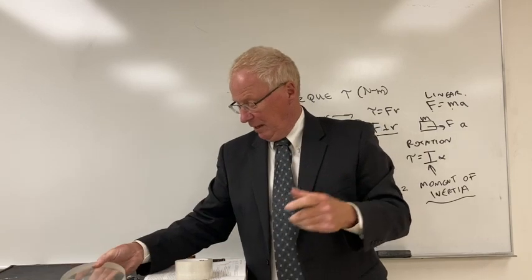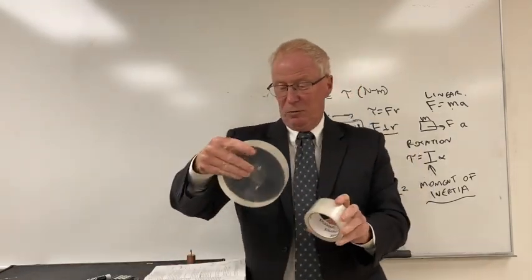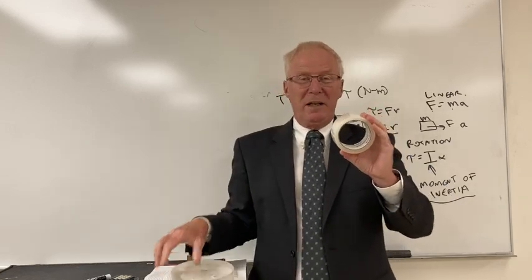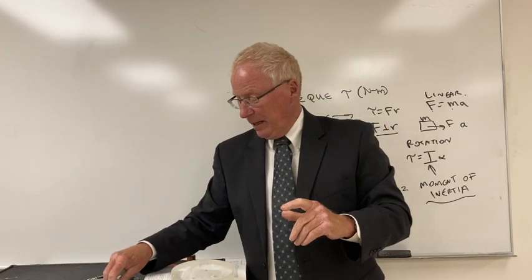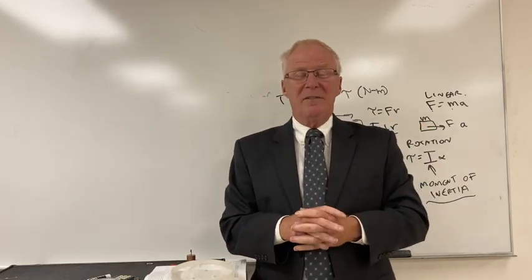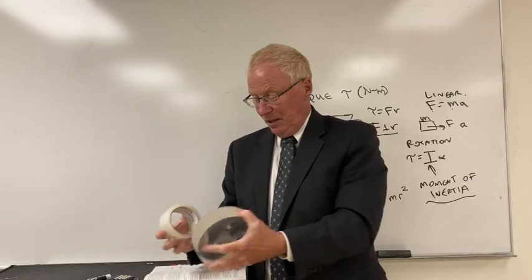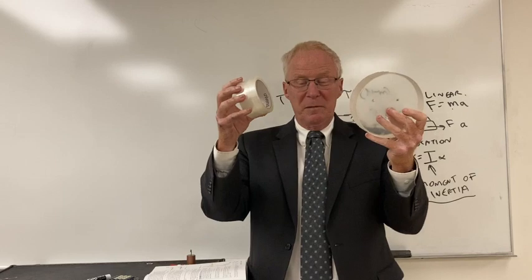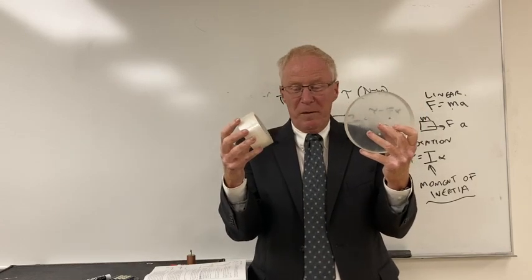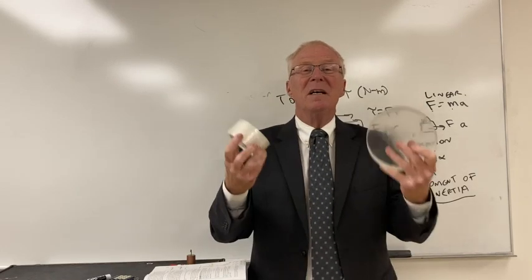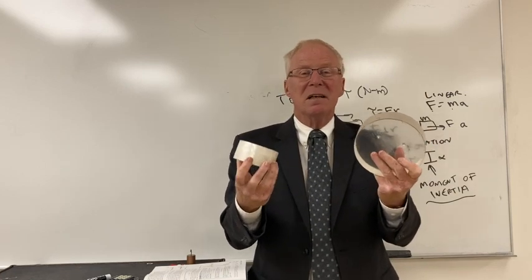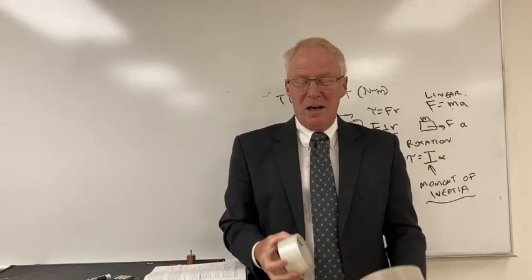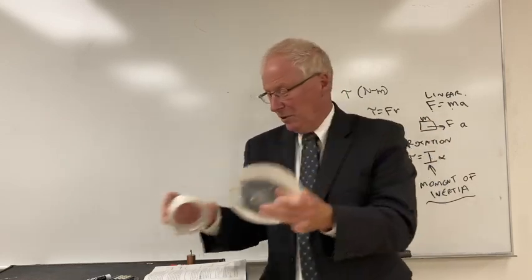That means it's easier to turn this than it is to turn that, because you have more weight concentrated on the outside. Again, look at the video showing a disc and a ring going down a ramp. If I drop these, we know from before, they'll both land at the same time, because gravity acts on them the same, even if they have different mass. But rotation depends on the shape.